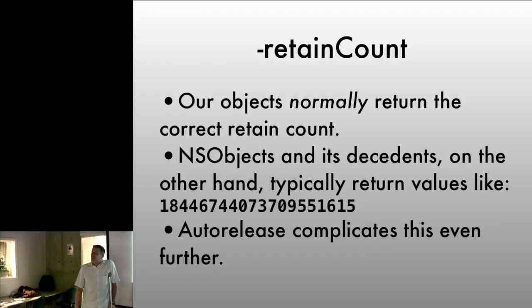So you can't normally rely on retain counts that come from Foundation objects or Cocoa objects, objects that come from UIKit, objects like that. And autorelease that we talked about before, and that you're going to get some more practice with today, makes this even more difficult to figure out what this retain count value actually is.